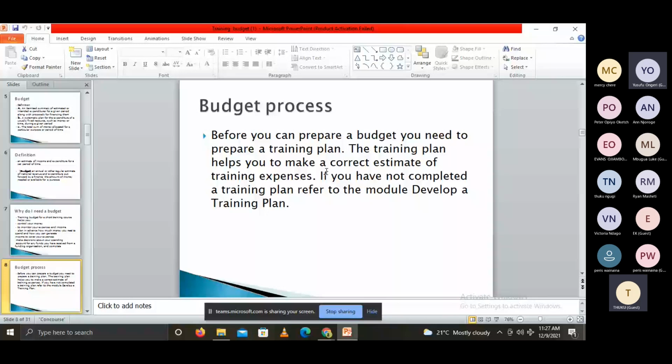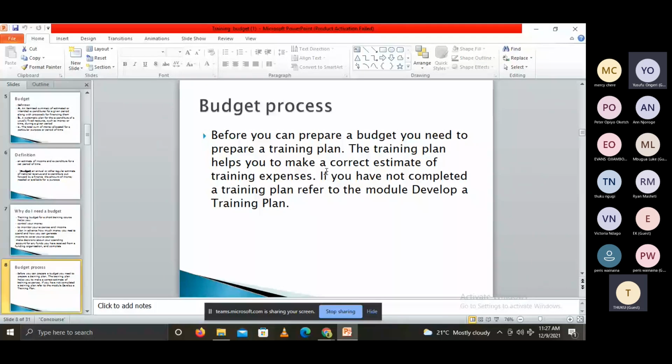So with that training plan, you are able to tell, for example, that TOT is a program. What does it require? How long is it going to take? How many participants will be involved? What is the cost per participant, depending on the various modules?